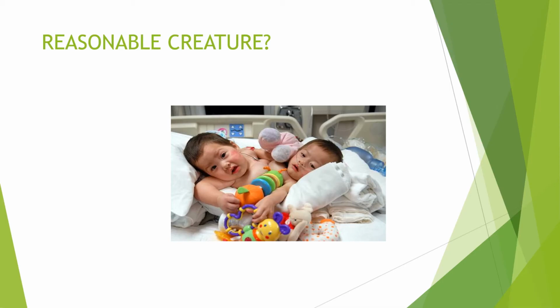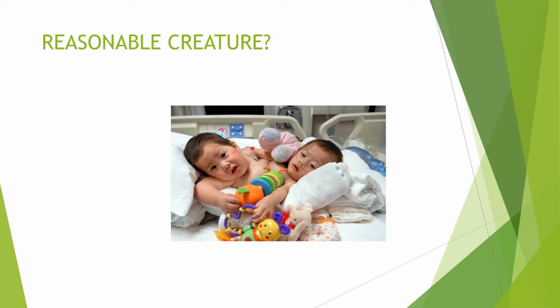Our next consideration then is, is every human being a reasonable creature? There used to be a time, some years ago, in sort of Victorian times, we're talking 100 years ago, when not every person was a reasonable creature, and there was a concept of what they used to call a monstrous birth.